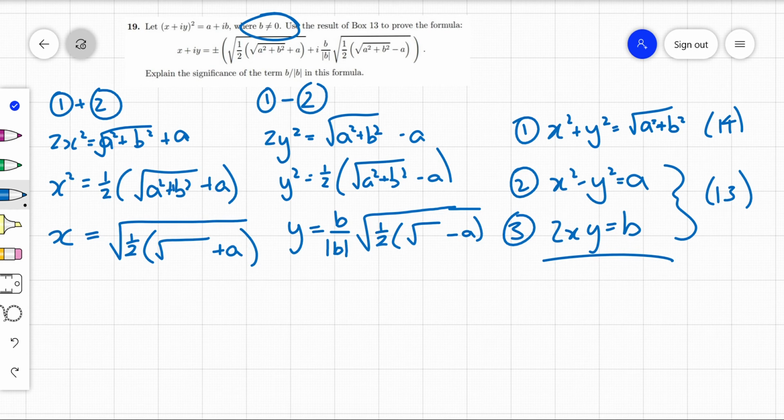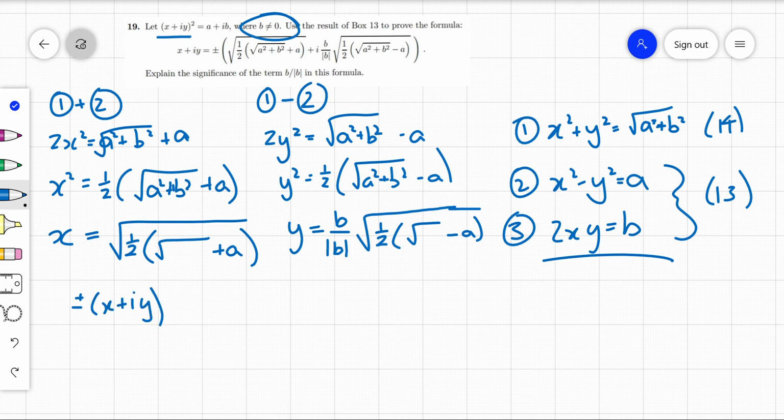Let's have a look then. So the square roots would be plus or minus, because that's what we've got here. So the square roots would be plus or minus of x plus iy.